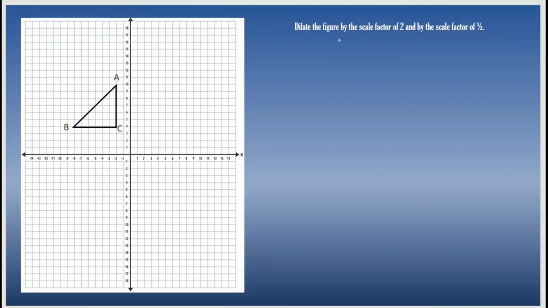So a few examples. Dilate the figure by the scale factor of 2 and by the scale factor of a half. Okay, so this is the figure. And then here, point A is negative 2, comma 10.